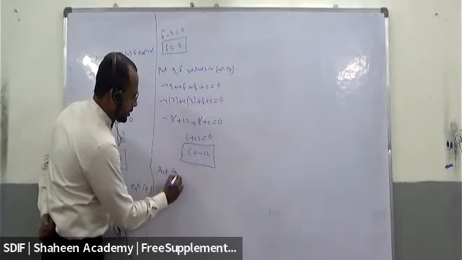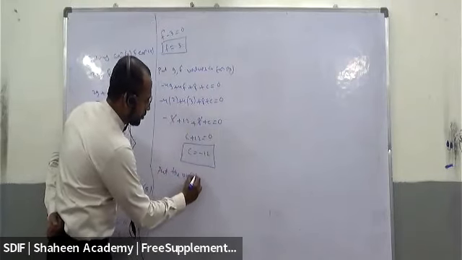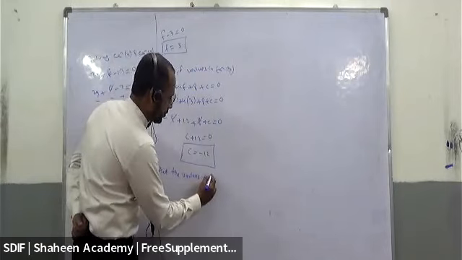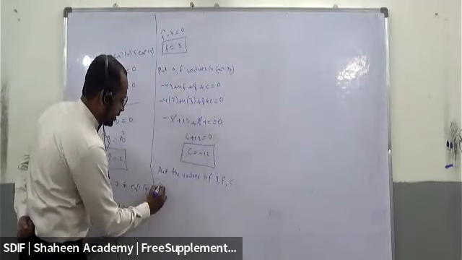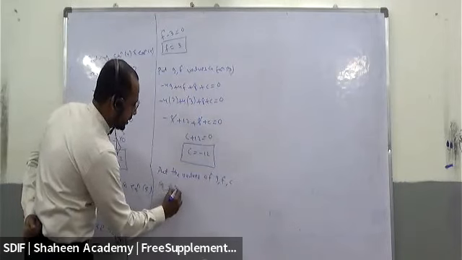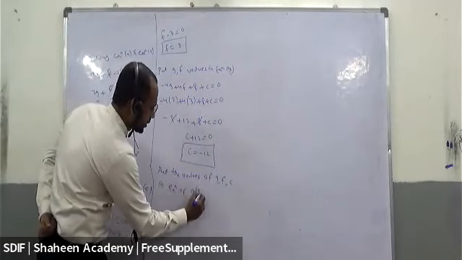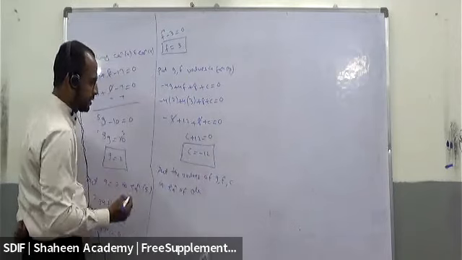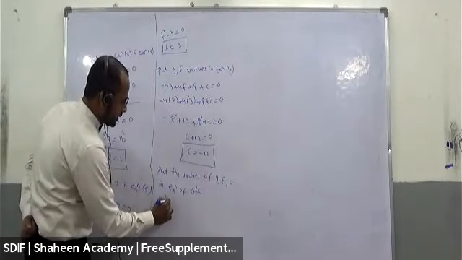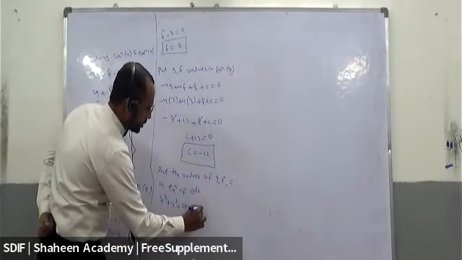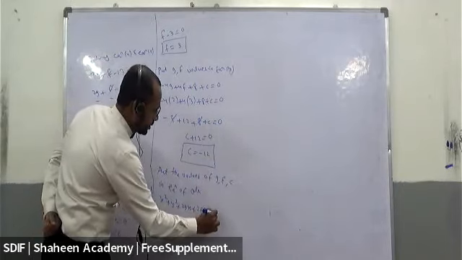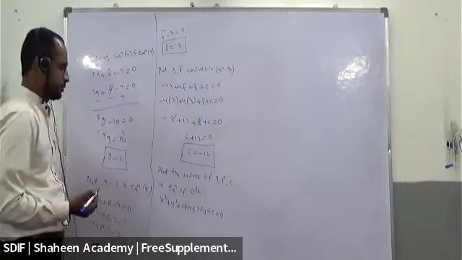Put the values of g, f, c in the equation of circle. What is the equation of circle we are having? x square plus y square plus 2gx plus 2fy plus c is equal to 0.